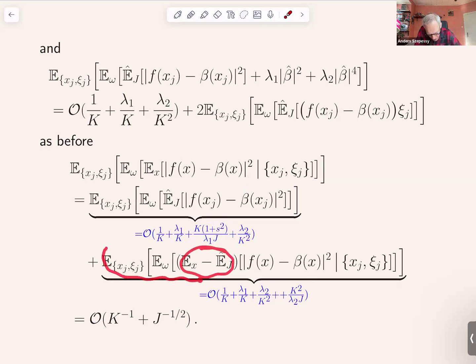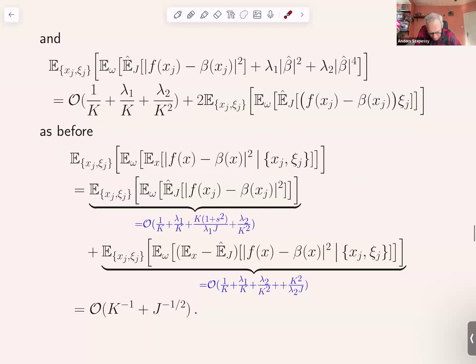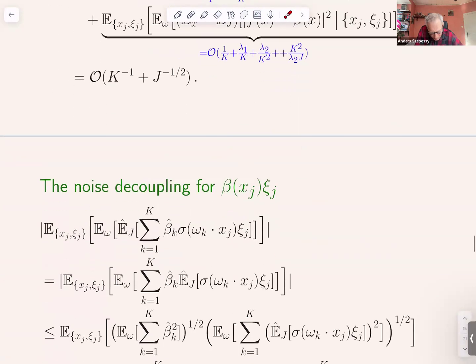The generalization error works the same as before, as we did with no noise. It has not changed in some way. But what we need to do something with is this, to estimate that term, and that comes in the next slide. But given that we will obtain this estimate, then we have the same error as before, also with noise.